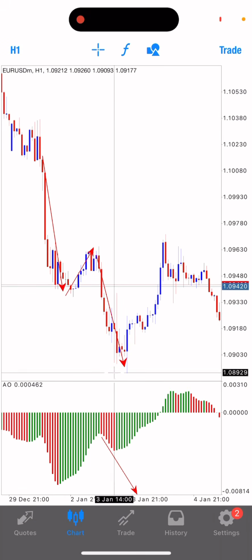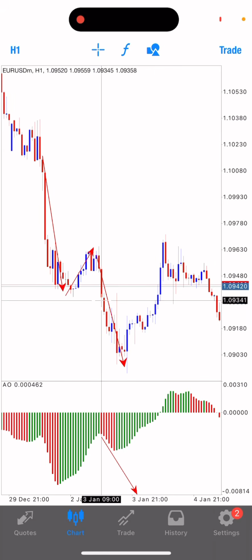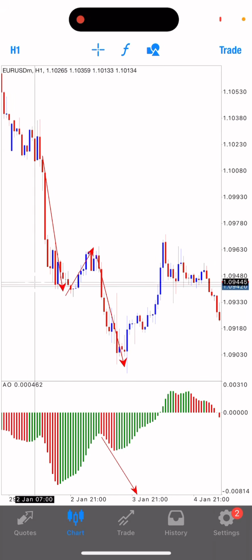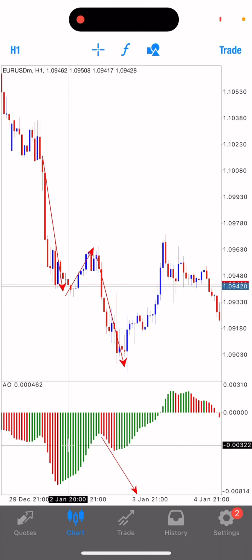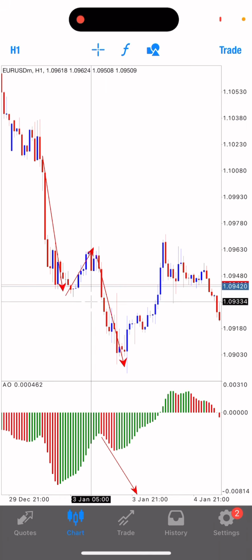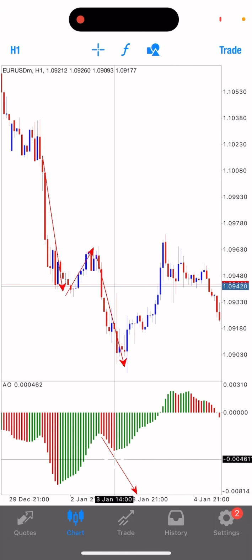But in a condition where the awesome oscillator fails to form a lower low, this will cause the market to reverse. As you can see in this example on our chart, the market formed a lower low here, and the awesome oscillator also formed a lower low by breaking this previous low. It formed a lower high, and the awesome oscillator also formed a lower high.